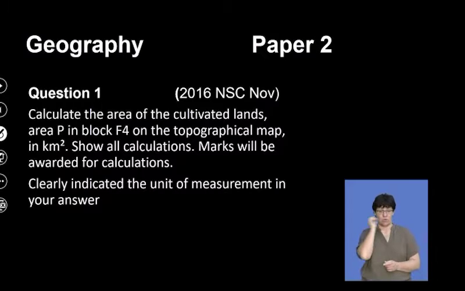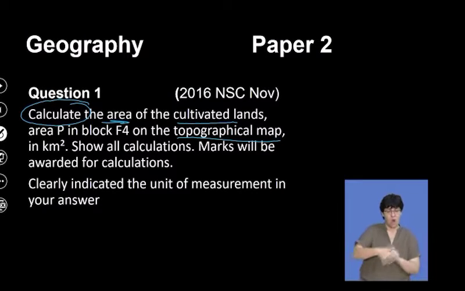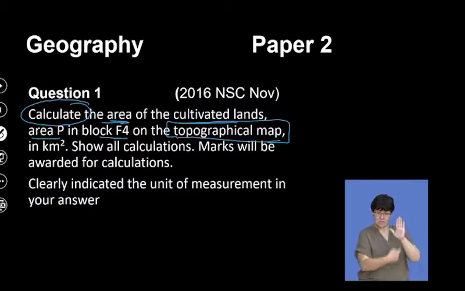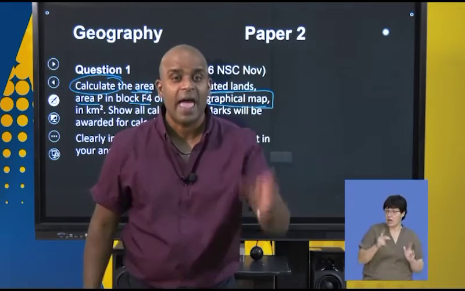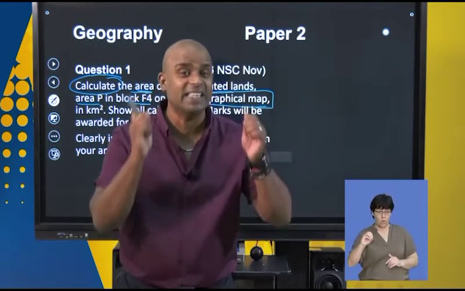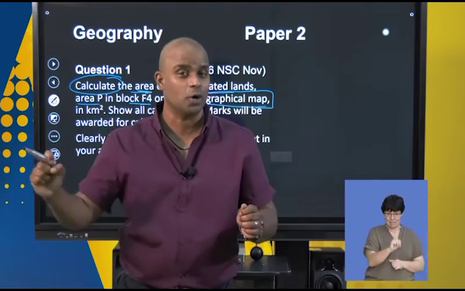Note, we are working with topographical maps. The question says, calculate the area of cultivated lands, area P in block F4 on the topographical map. Now note, if it's a topographical map and your measurements are in centimeters, it's 0.5.